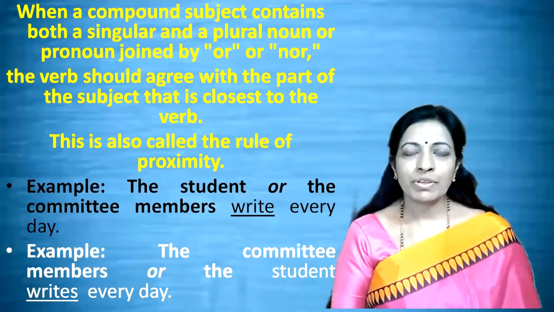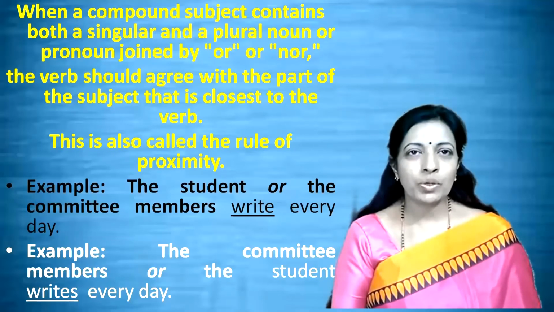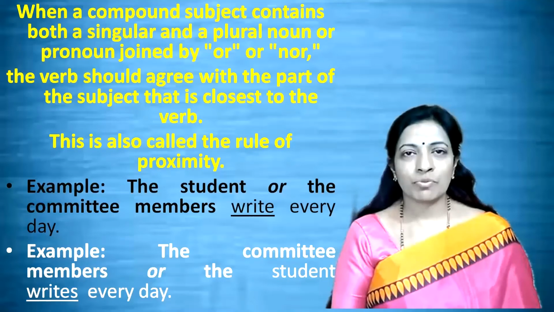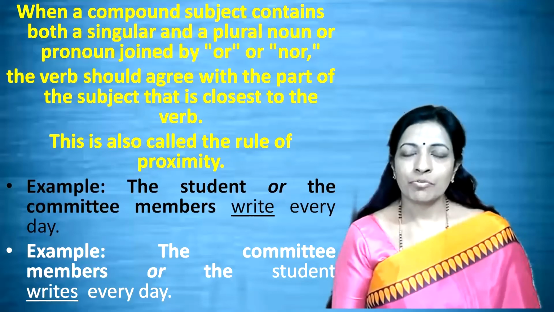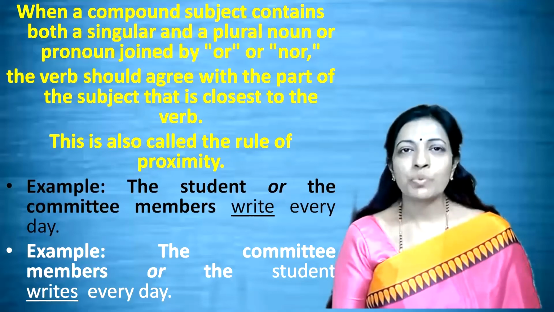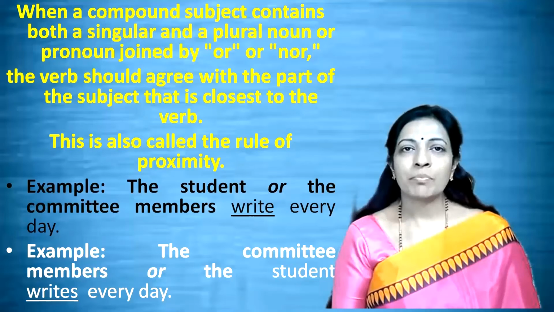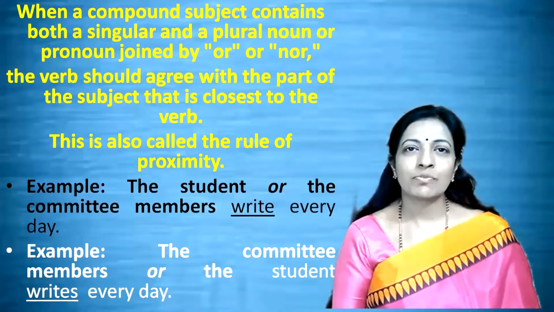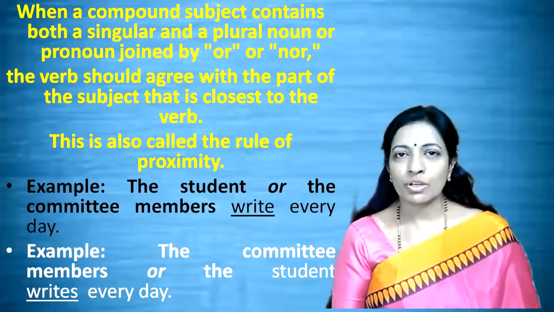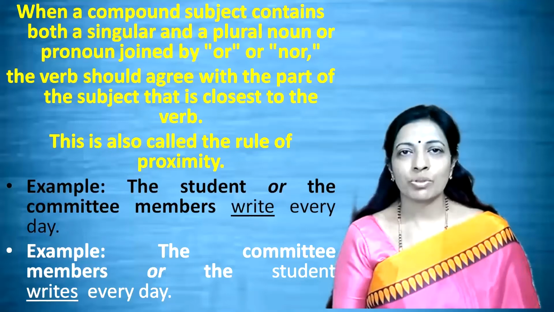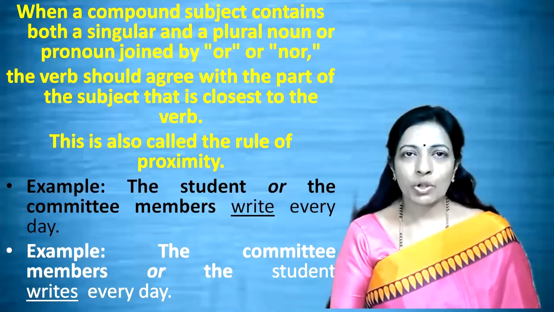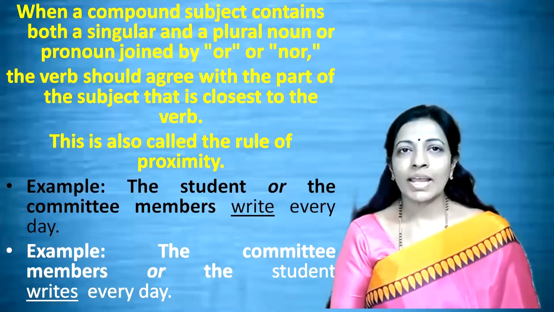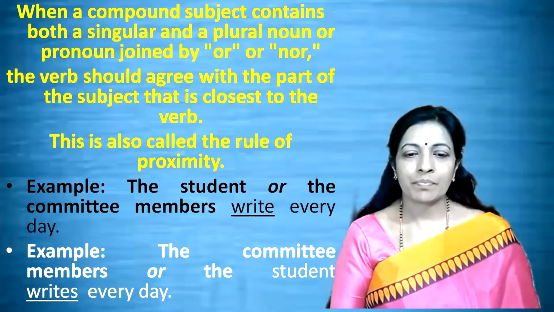Therefore, if in a sentence there are two nouns and one of the nouns is singular and the other is plural, then we need to use a verb which agrees with the subject or the noun which is closest to the verb. For example, the student or the committee members write every day.